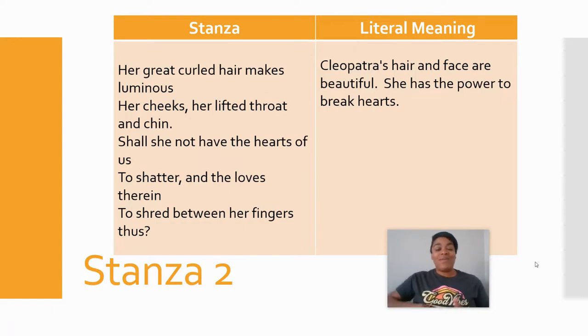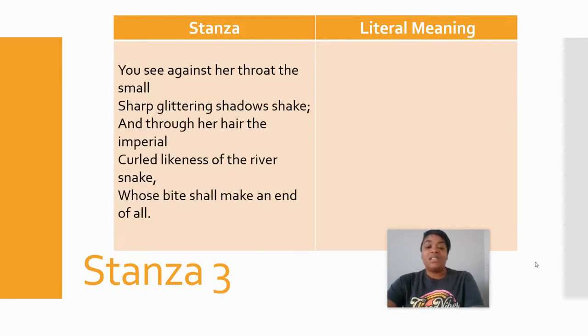All right, now that we have our literal meaning down, before we move on, scholars, in front of you, you should have the completed literal meaning for stanza 1 and stanza 2. We are now going to work on stanzas 3 and 4.